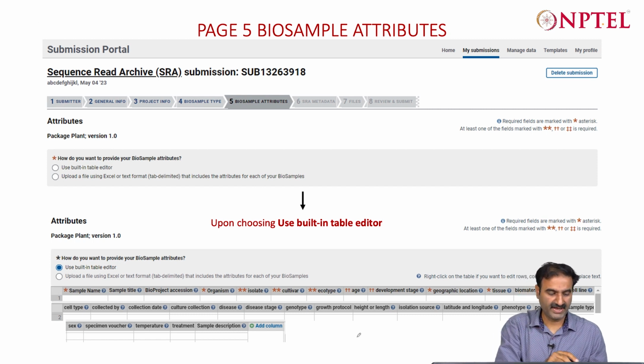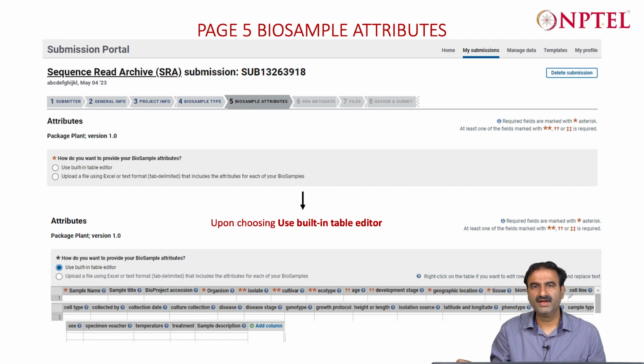They already have a predefined Excel sheet with sample name, sample title, bio project accession, organism, isolate number, cultivar, ecotype, age, developmental stage, geographical location from which you got the sample, tissue, etc. Many times you may have this information, sometimes you don't, so you can leave some things blank or put none, but you should try to fill in as much as possible, because this information will be helpful for others to know how and from where the data was produced, like organism, cultivar, and those things.